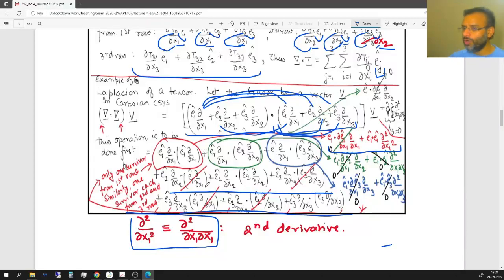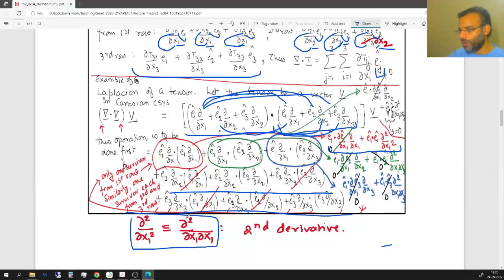Now if you continue working like this on the second row of terms, you will get again one survivor. If you continue working on the third row of terms here, again you will see that there will be only one survivor. You can find those survivors explicitly by writing all the terms. Alternatively, looking at the pattern of indices in the surviving term of the first row, you can possibly write the survivors of the second and the third rows as well.